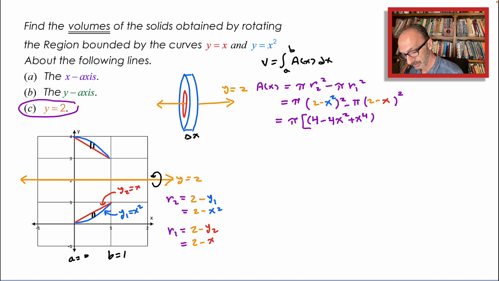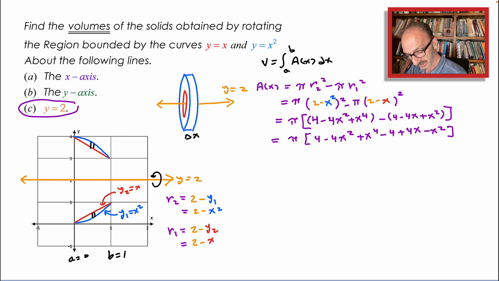That is the first part. The second part, we took the pi outside. Same idea. So we have 4 minus 4x plus x to the second equals pi times 4 minus 4x to the second plus x to the 4 minus, we're going to distribute the minus sign, minus 4 plus 4x minus x to the second. Let's see, anything cancels.